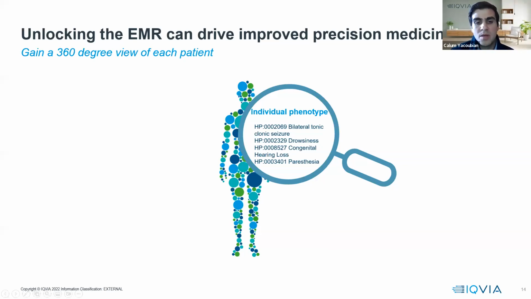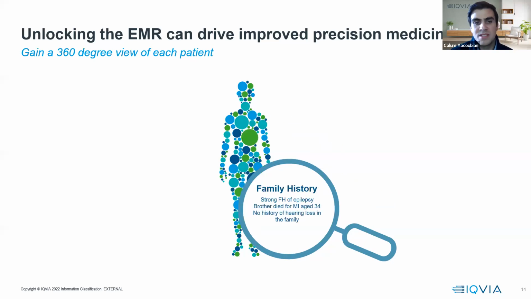So when we take the EMR of patients and we process them, we can tag them, for instance, to clinical ontologies such as the human phenotype ontology, which is very important for rare disease diagnosis. We can identify from the medical record and normalize pieces, for instance, such as their family history, which obviously informs very much upon their risk of developing certain diseases.